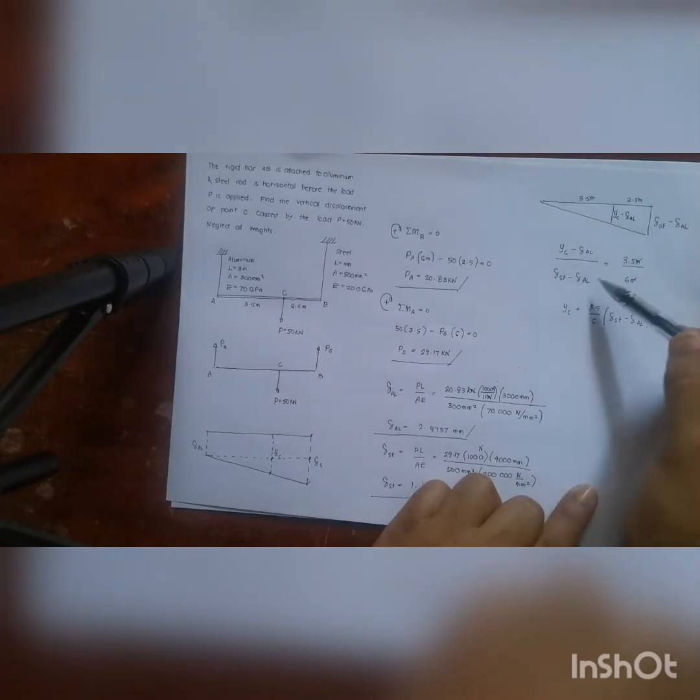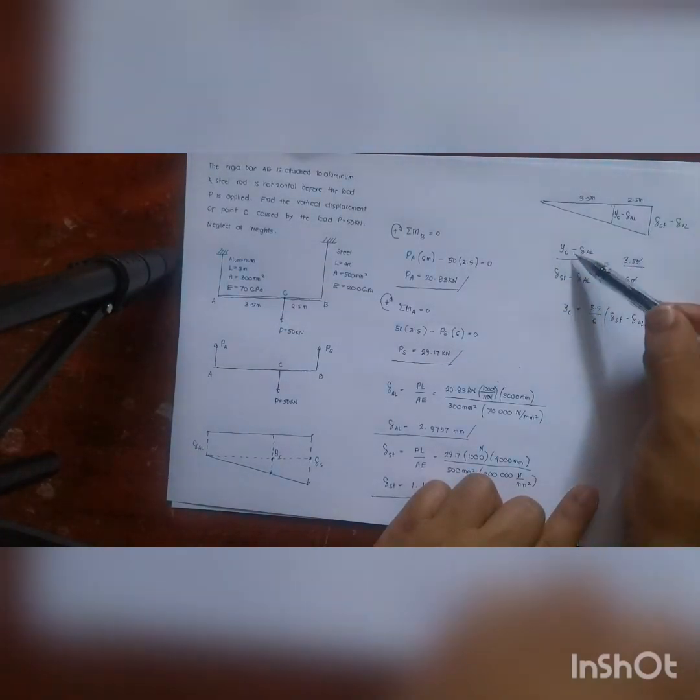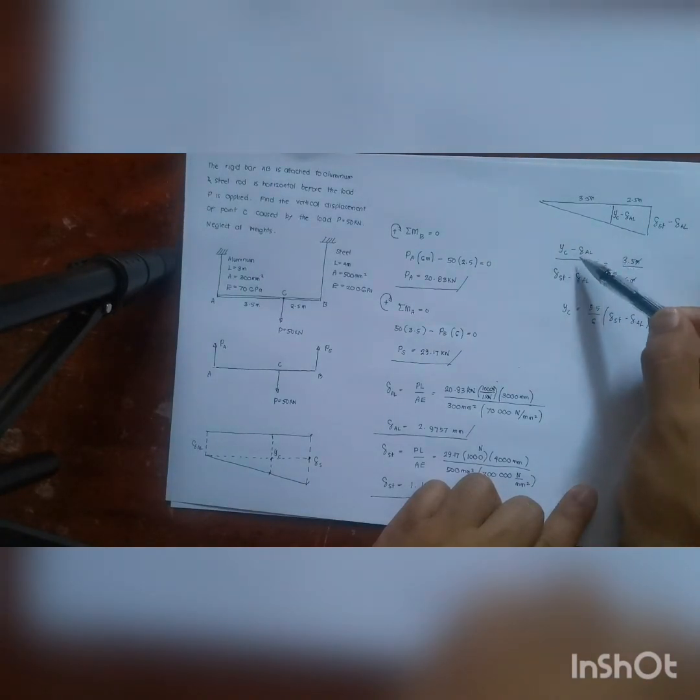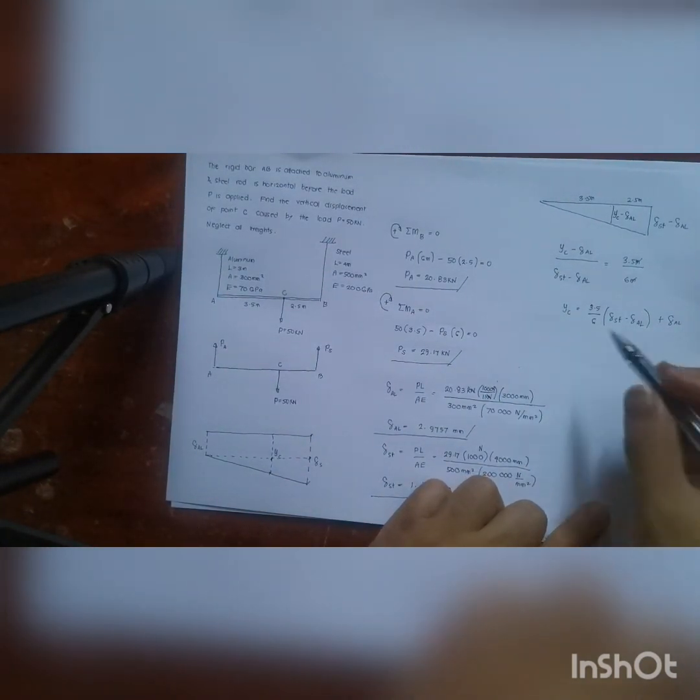Ito nang natira doon pag transpose natin yon, and then merong matitira pang deformation of aluminum. Transpose natin doon para ito lang matira. Plus deformation of aluminum. So yun po yung magiging formula.